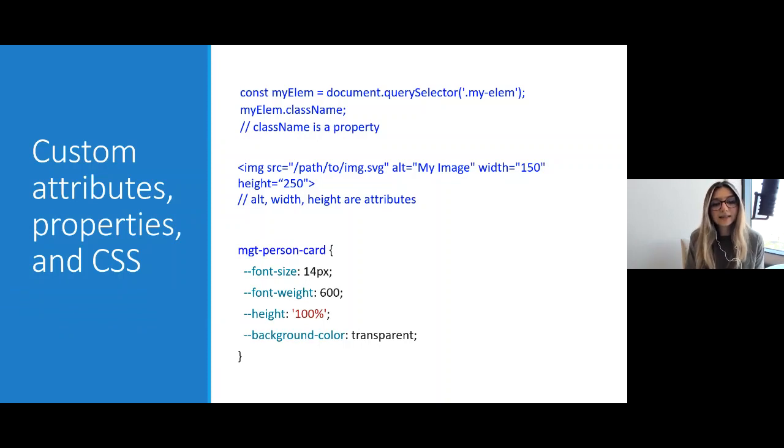Let's take a deep look at the attributes, properties, and CSS. Basically, all components are capable of getting attributes. You can see the list of attributes and properties in the MGT dev, as well as in the official documentation. If you go to aka.ms/mgt, you can also find the same attributes and properties per component.